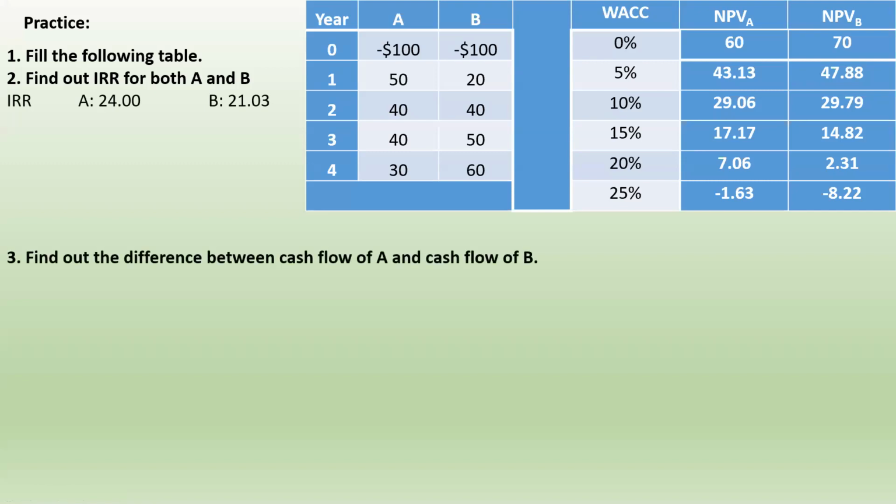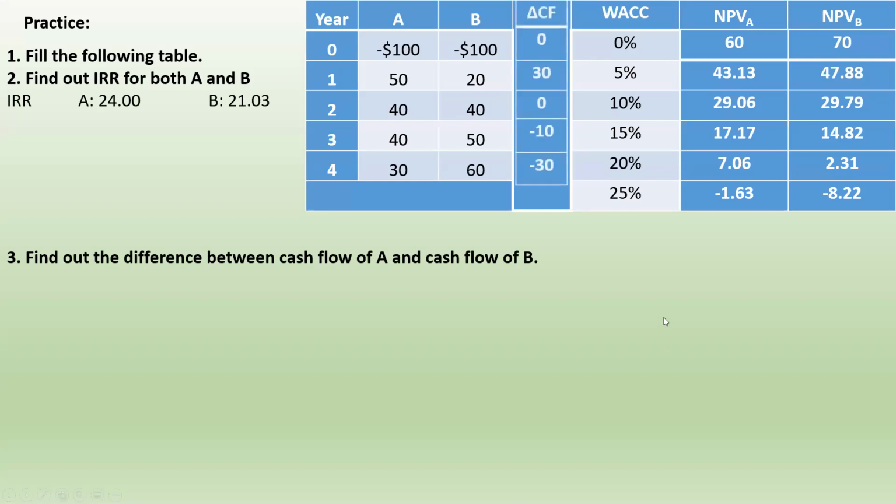And we need to find out the crossover point if we need to determine in which range of the weighted average cost of capital those two rules have conflict, if those two projects are mutually exclusive projects. So to find out the crossover point, we need to find out the difference between cash flows of A and B first.